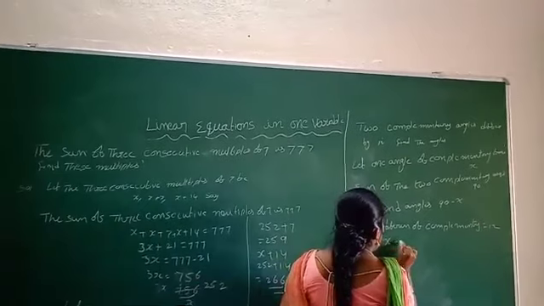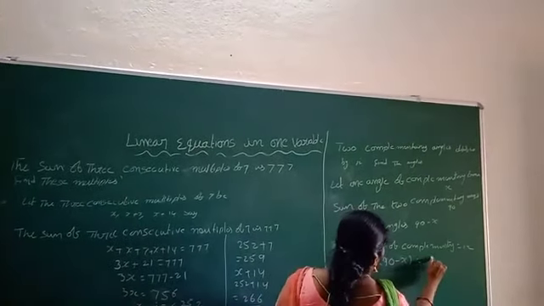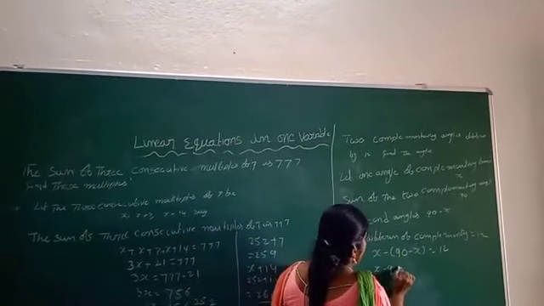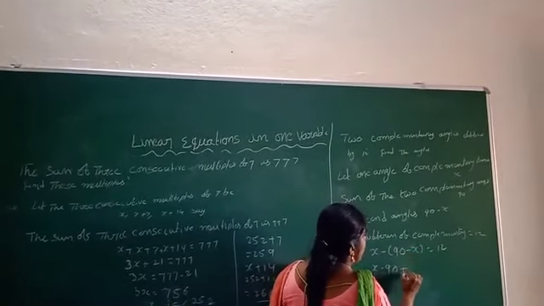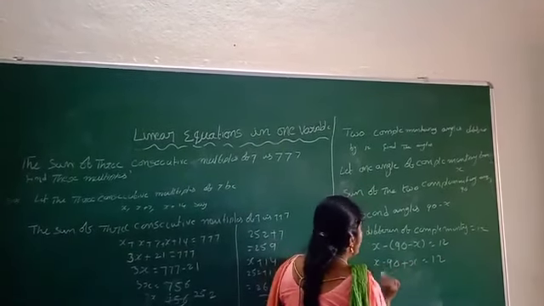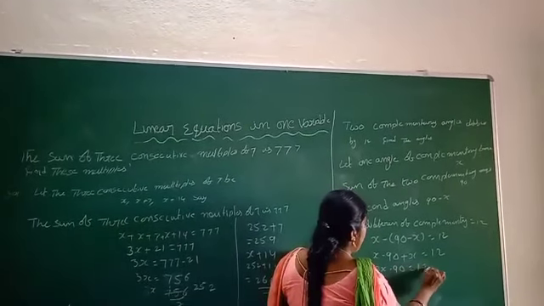Next, 90 minus x minus x equal to 12. Plus into minus, minus. Minus into minus, plus. So 90 minus 2x equal to 12. X plus x, how much? 2x.